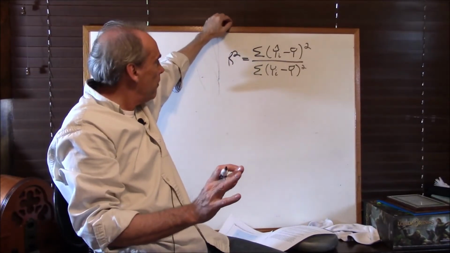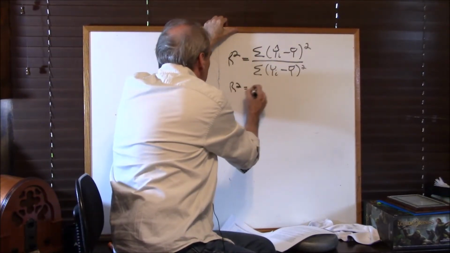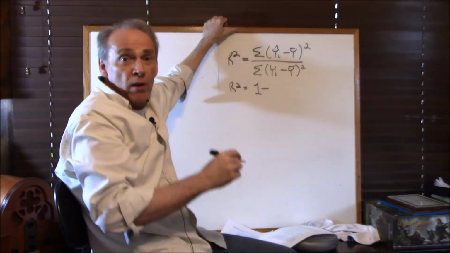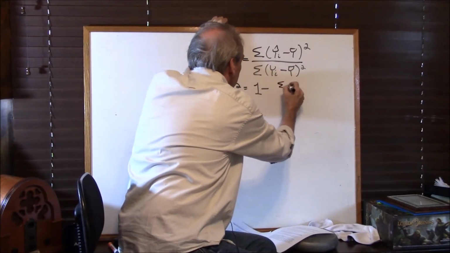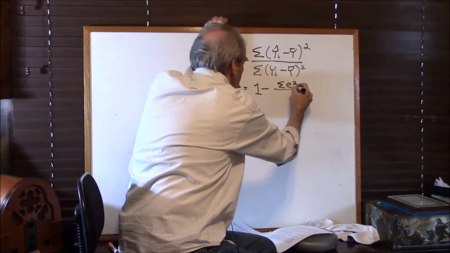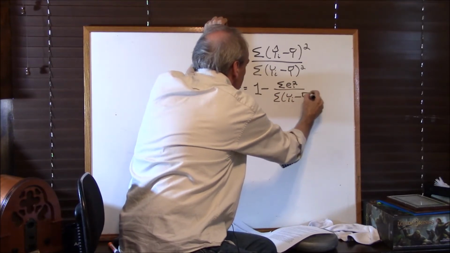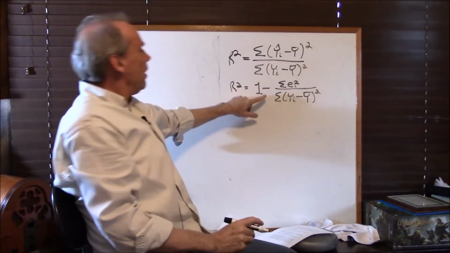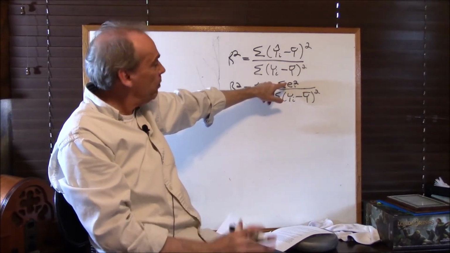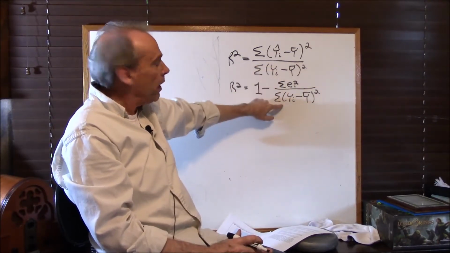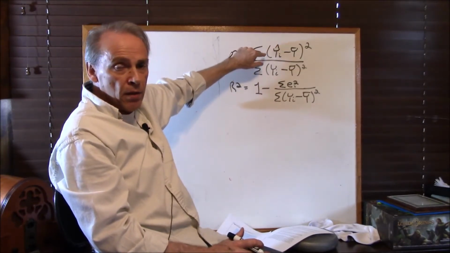Now notice, however, that that's the same thing as 1 minus what you didn't explain. This is the ratio of what you didn't explain. This is the residual. This is what's left over. It's what you did not explain. So this is the ratio of what you didn't explain to what there was to be explained. And this is the ratio of what you did explain to what there was to be explained.